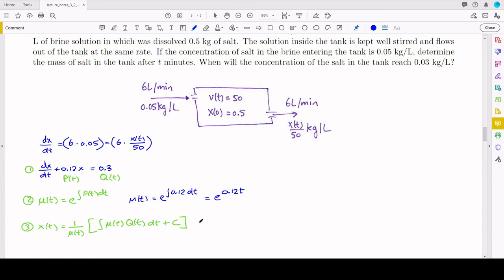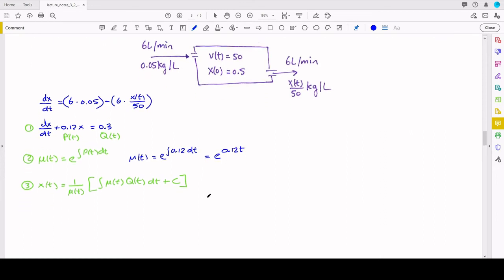So what we get is that x of t is 1 over e to the power 0.12t times the integral of e to the power 0.12t times 0.3 dt plus c.